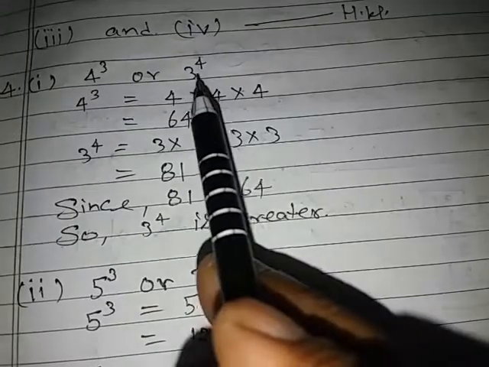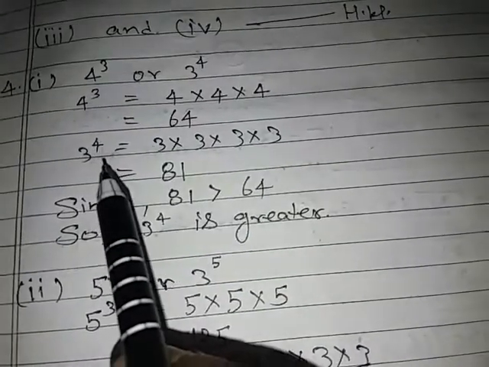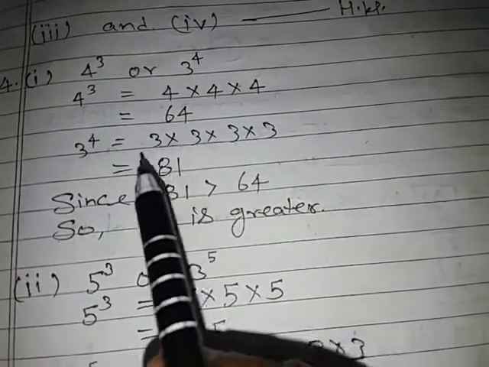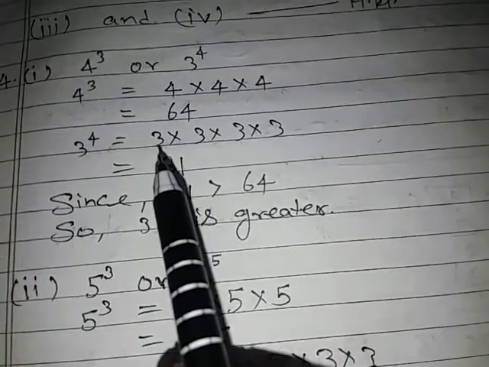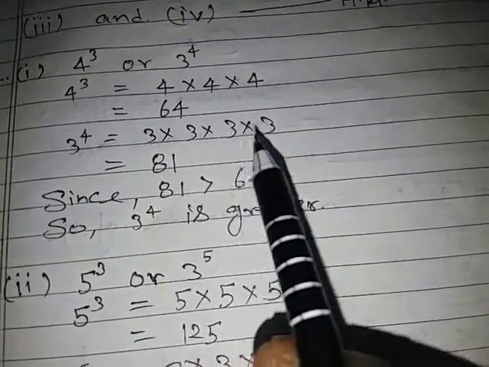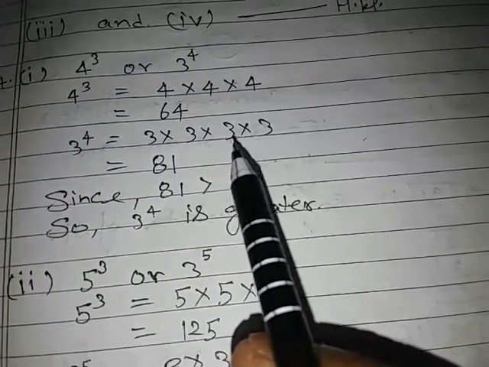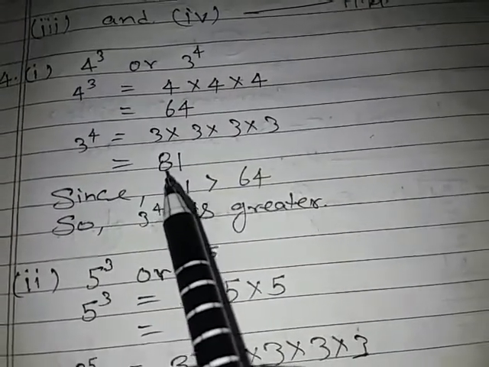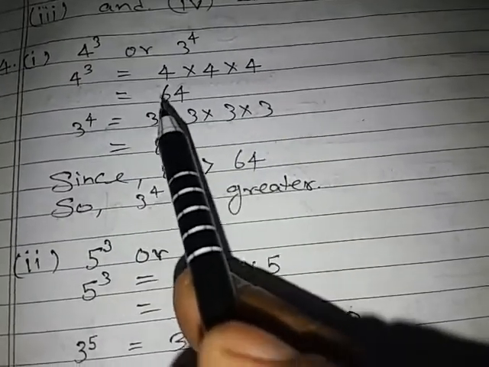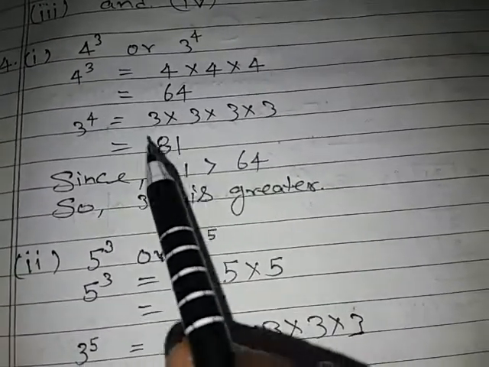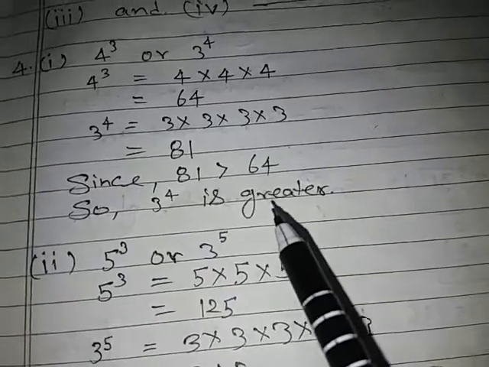Similarly, find the value of 3 to the power 4, which is 3 into 3 into 3 into 3, 4 times. 3 threes are 9, 9 threes are 27, 27 threes are 81. Students, you can see here 81 is greater than 64. So 3 to the power 4 is greater.